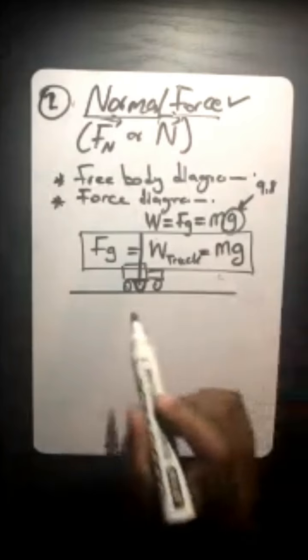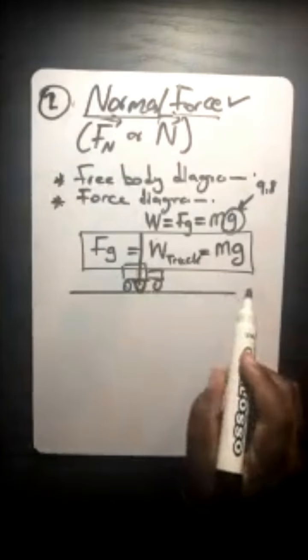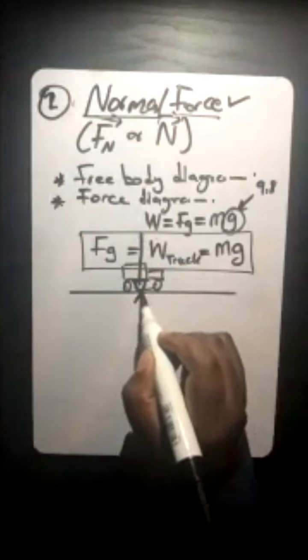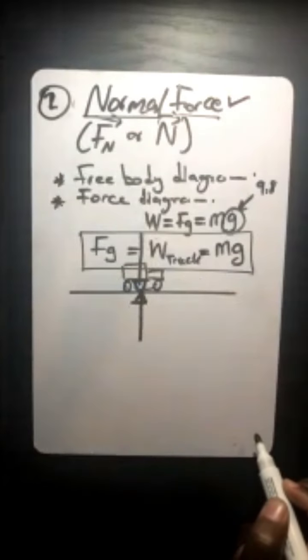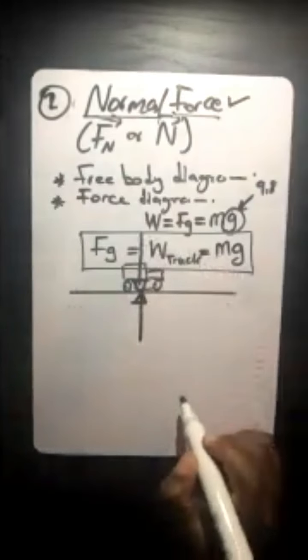Why? Because if this is the surface and this is the object which is in contact with the surface, and the surface experiences that force as a result of that object, this surface is also exerting a certain force upwards, because this one is exerting downwards. So the surface is exerting the same amount of force but upwards.